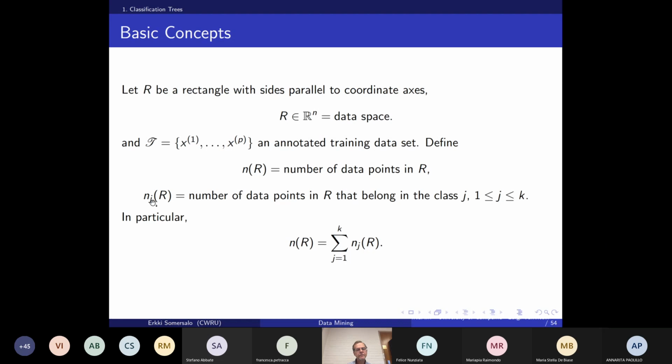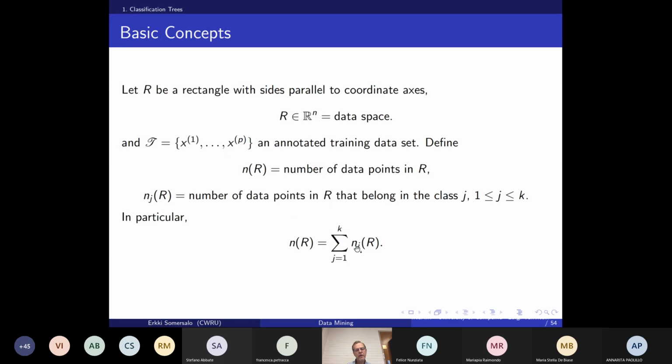And then I need to measure how many of those points belong to different classes. So I denote by nj^R the number of data points in R that belong to the class j. So I'm looking at the annotation, deciding which class they belong to, and then just counting how many I have in that class.